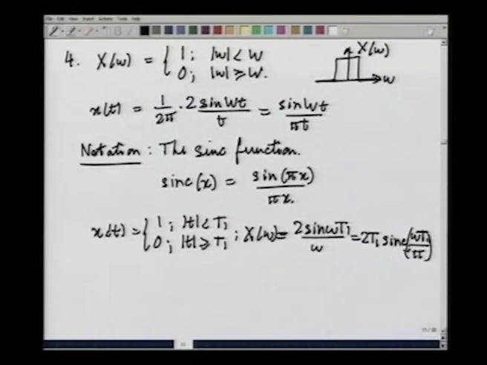This is not hard to derive, it is just a matter of substituting numbers and doing a little jugglery with the things.